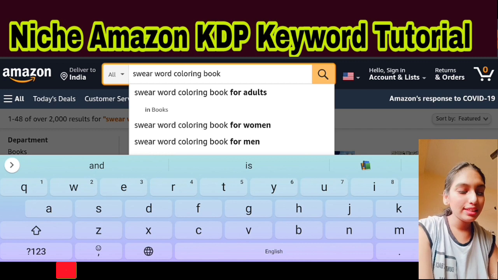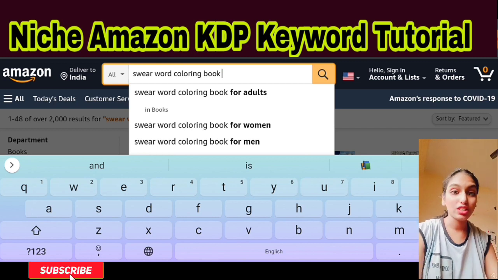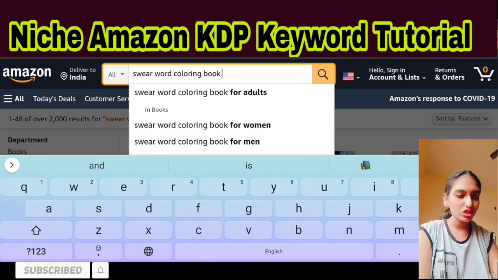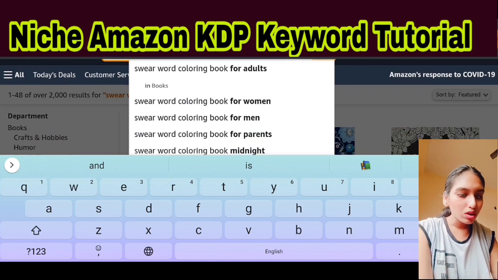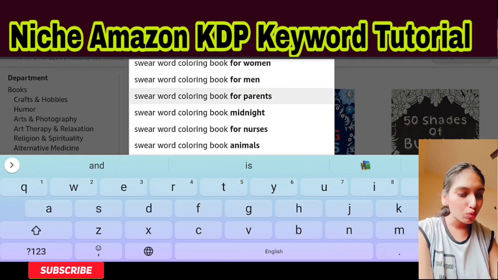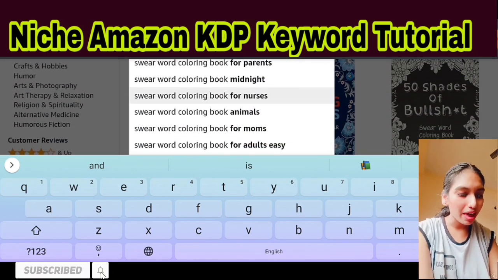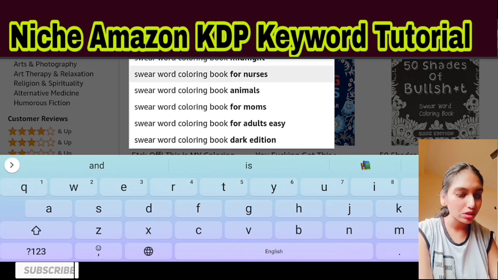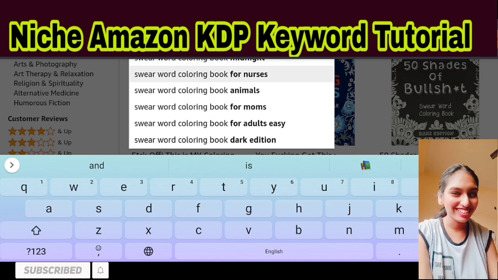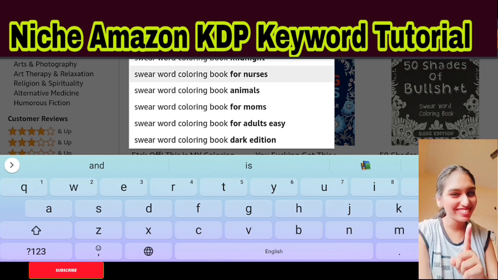Now see what Amazon is suggesting: swear word coloring book for adults, for women, for men, for parents, for midnight, for nurses, for animals. Do animals also color in coloring book? Let me know.